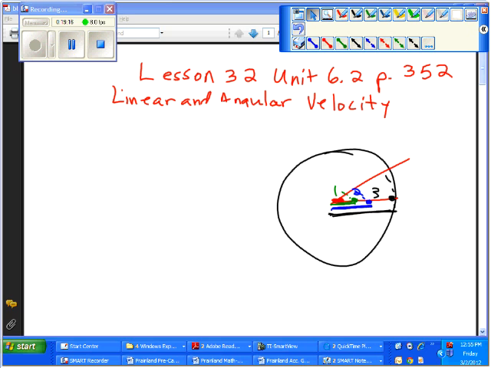Because what's not changing? Angular velocity. What's the only other factor? Radius. So the radius length must be that relationship, that scale factor, you see.